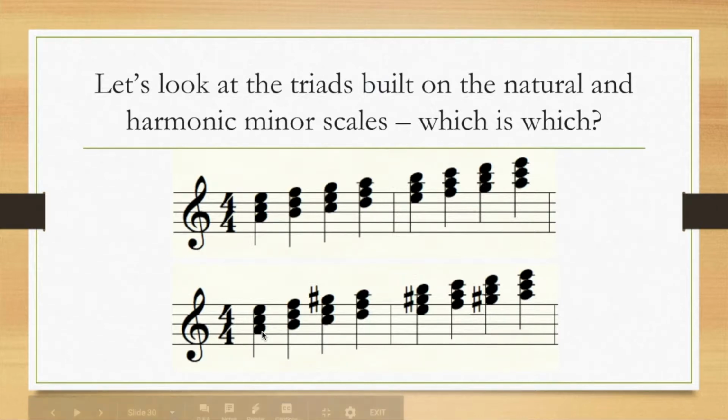You're in A minor. Remember I told you in A minor, the relative minor of C major, no sharps, no flats, right? You notice that this, which happens to be a G sharp and the 7th tone of the A minor scale, is raised a half step. That tells you that it is a harmonic minor set of diatonic triads.